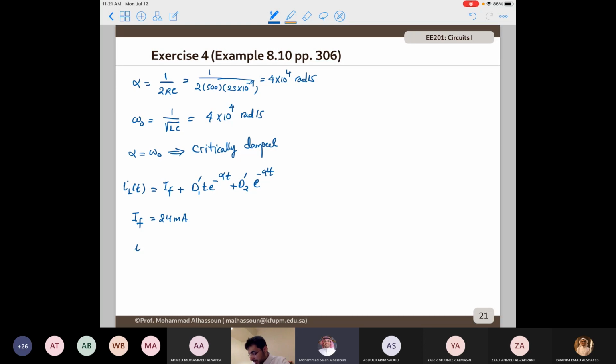So the initial value of the current across the inductor is 29 milliampere.